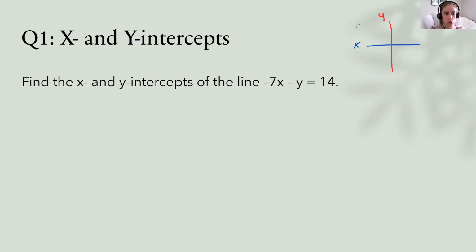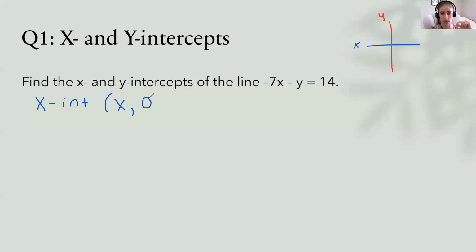So if we have an x-intercept, it's lying on that x-axis, meaning that in order for it to remain on the x-axis, your ordered pair is some number for x. So you move along that x-axis, but then your y value will always be 0, because that's what's keeping it on the x-axis.